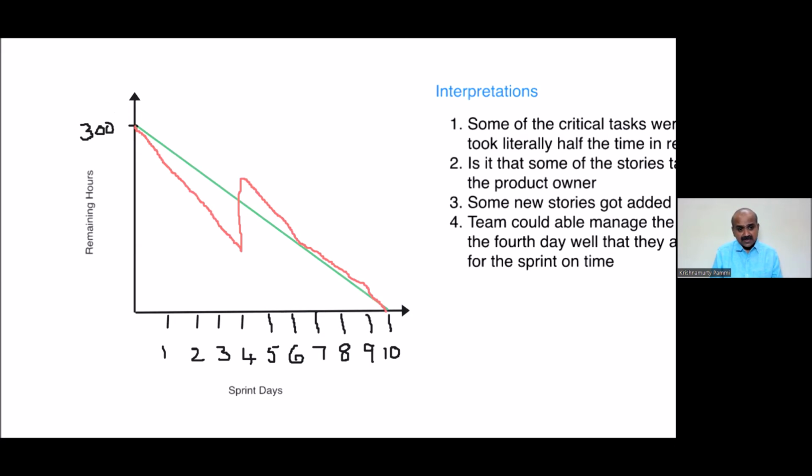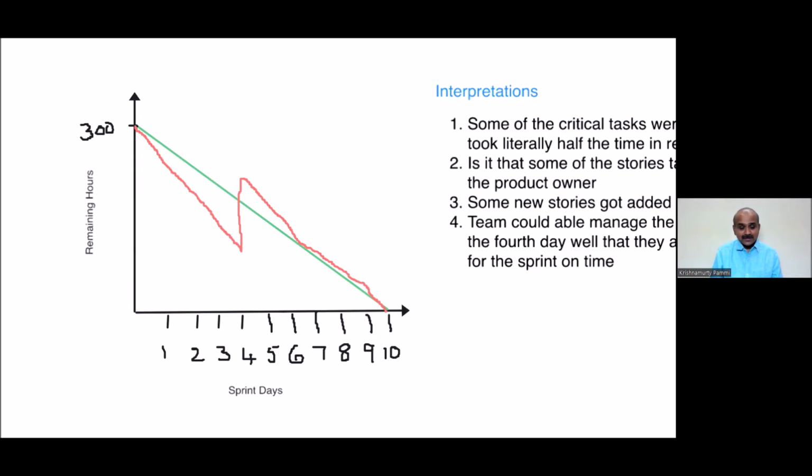Why? It is possible that the team must have overestimated. In reality, that many hours may not be required. Or the team must have identified common reuse between stories. So they developed it once and are using it for other stories required for the sprint, because of which the remaining hours are reducing.